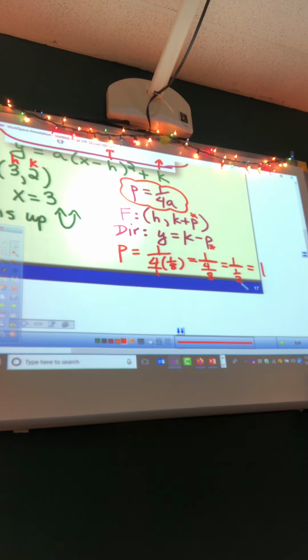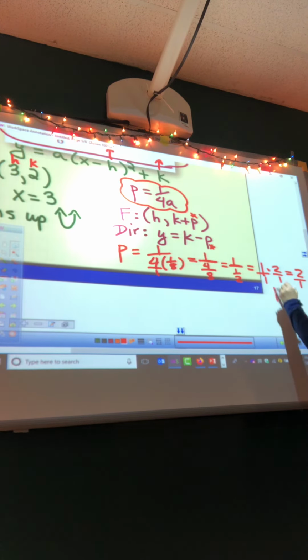Flip a fraction. All right, so what's the reciprocal of 1/2? 2 over 1. So 1 times 2 over 1 gives me 2 over 1, and 2 over 1 really gives me a p-value of 2.